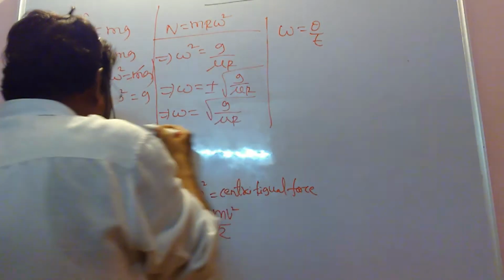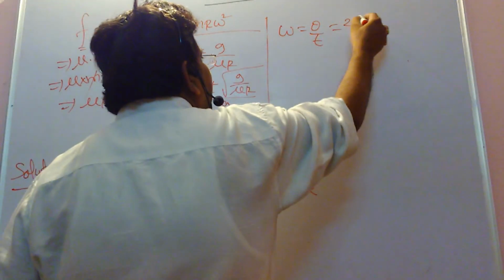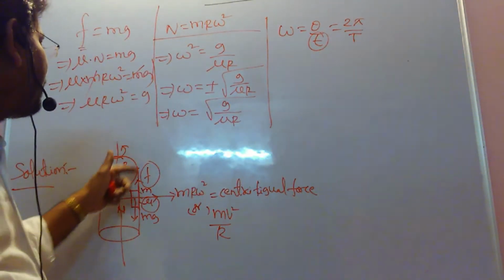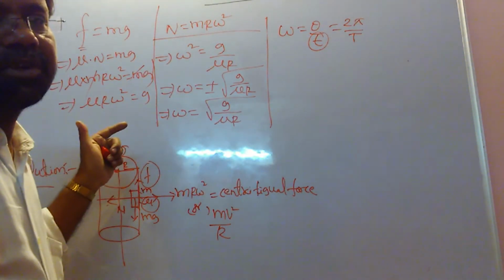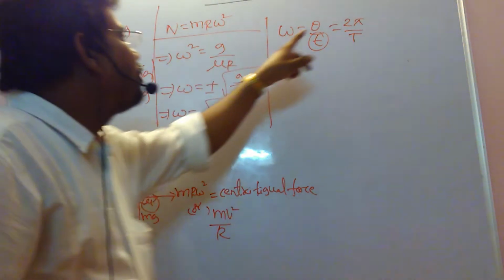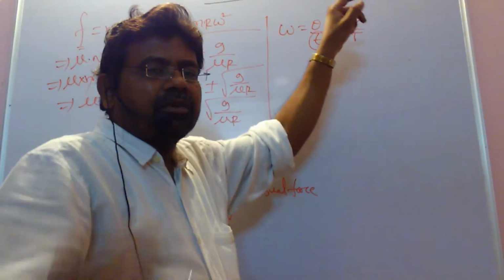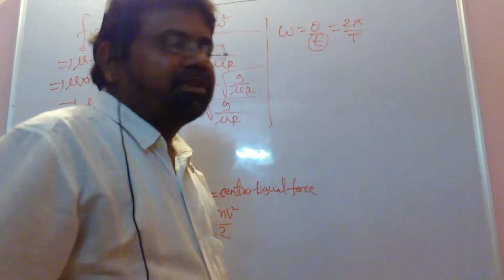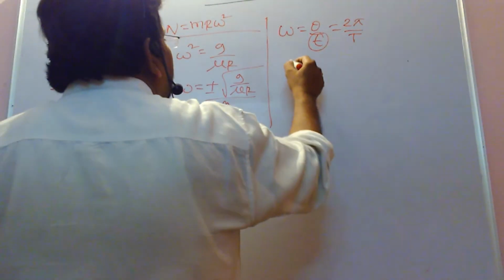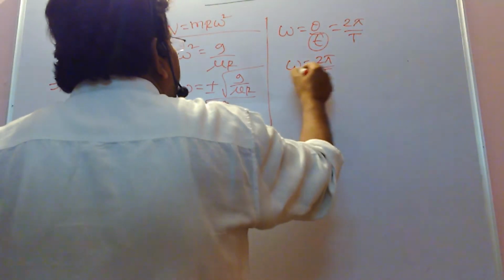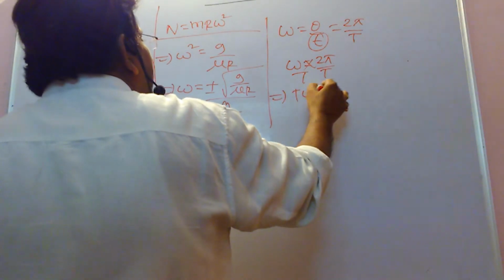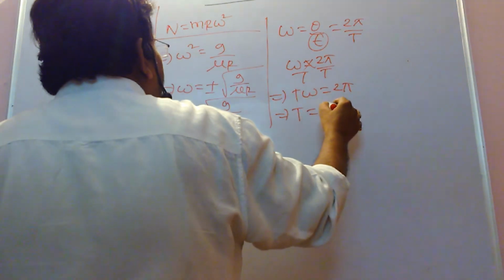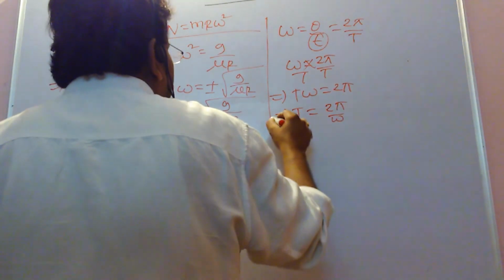For one revolution, the angle is 2 pi. The time taken for completing one revolution is called the time period T. So omega equals 2 pi by T, otherwise T into omega equals 2 pi. I want the time period, so T equals 2 pi by omega.